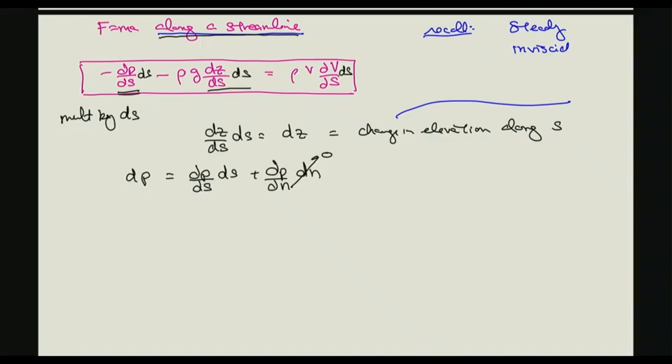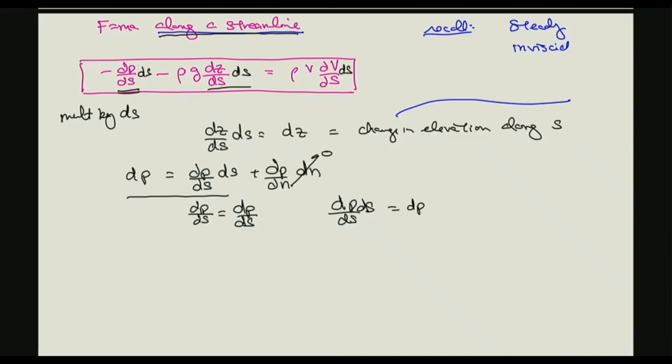So we have just this, that partial P partial S is equal to dP ds. And then our term dP ds ds is equal to dP, which is equal to the change in pressure along S.